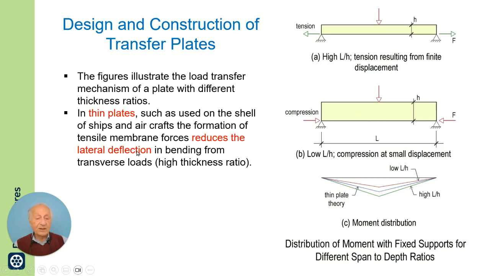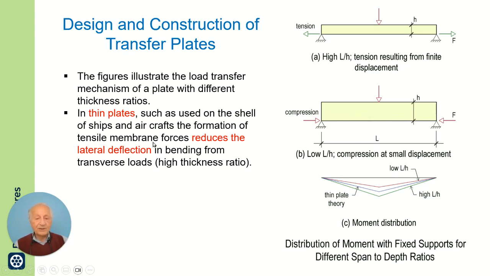Now, this is something which is just for your information. It has no application in transfer plate. If the member is very thin, like aircraft skin, there will be membrane stresses even if the support is not fixed. In-plane stresses which reduce the out-of-plane deflection.